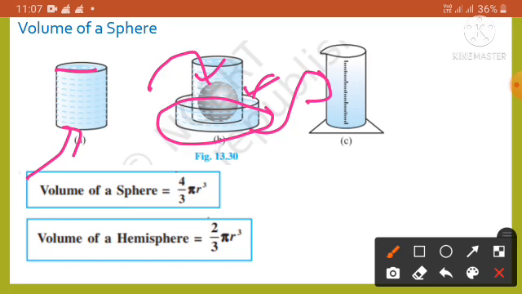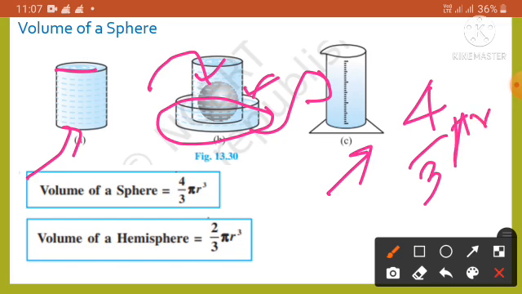As in the figure, suppose the radius of the immersed sphere is r. We can find the radius by measuring the diameter of the sphere easily. Then evaluate 4 by 3 pi r cube.